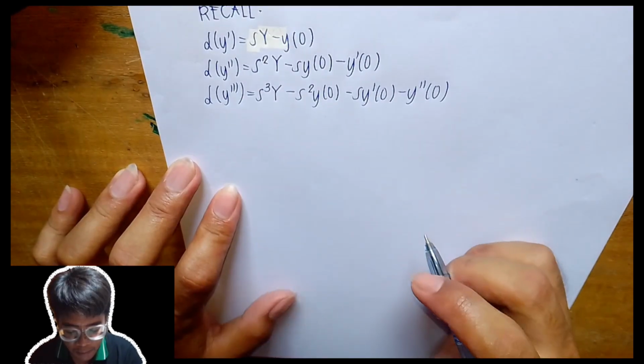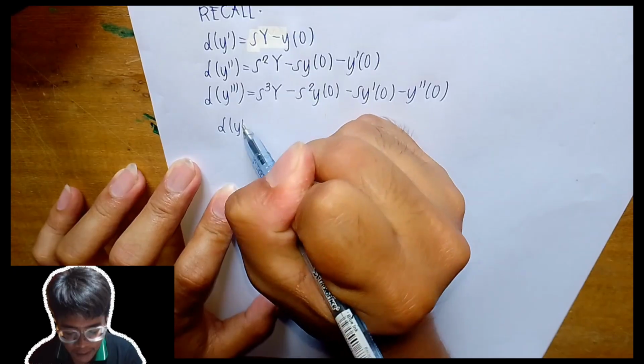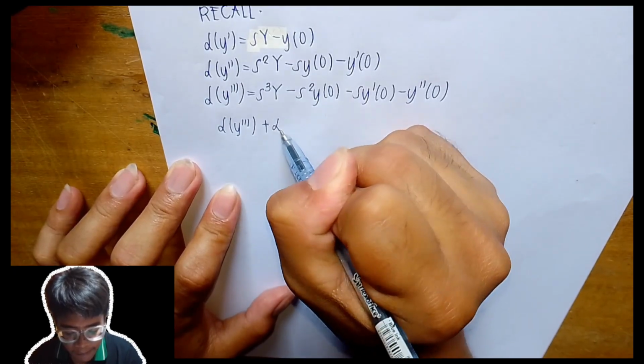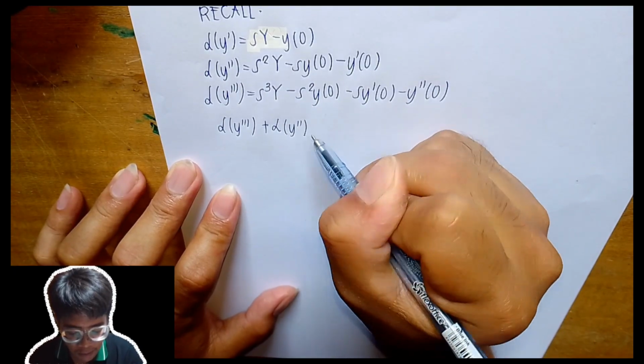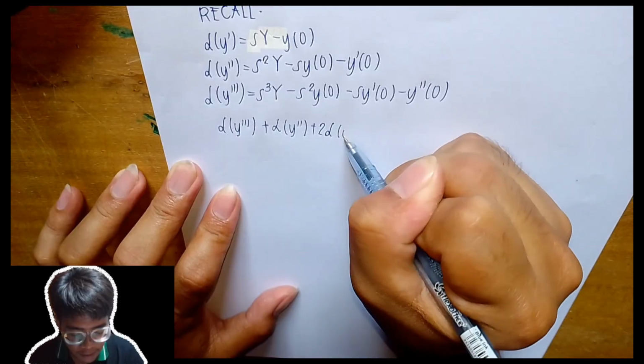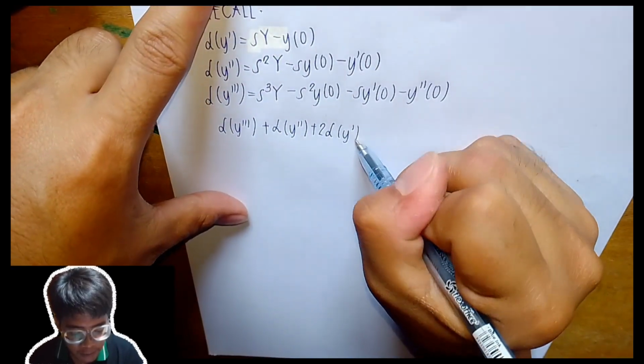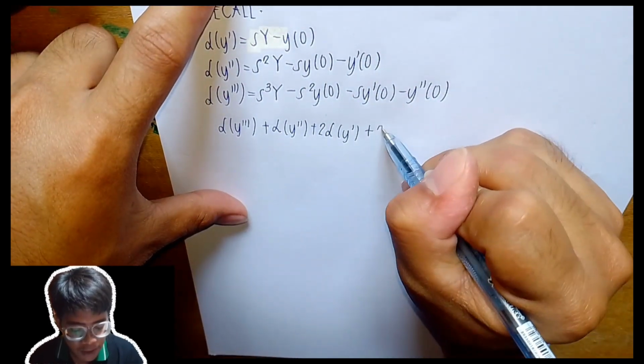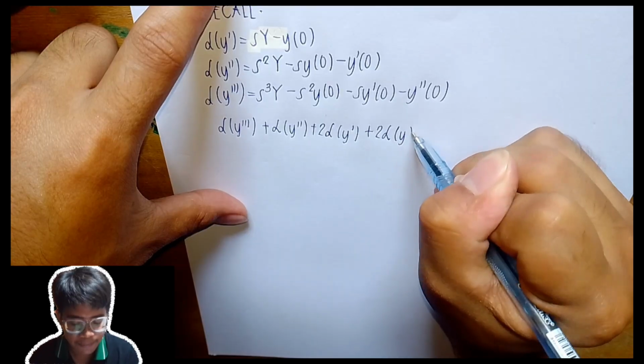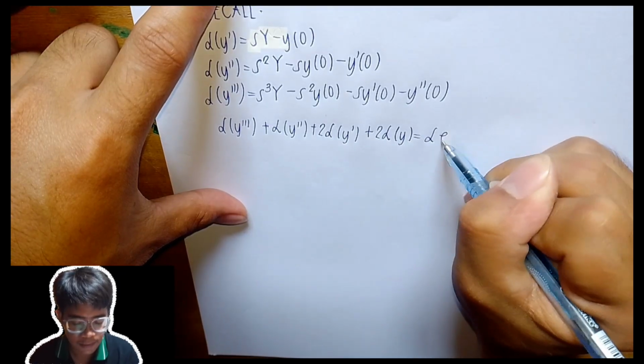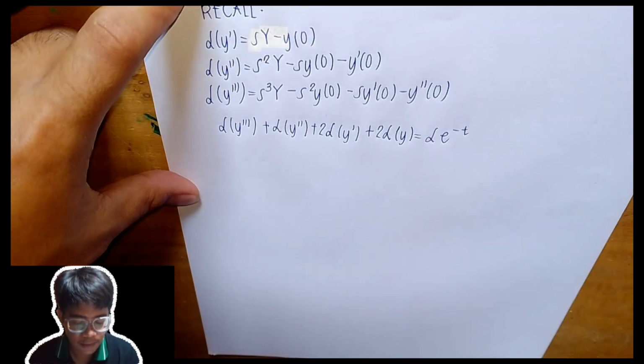Now, apply the Laplace transform to the entire equation. Laplace of y triple prime plus Laplace of y double prime plus 2 Laplace of y prime plus 2 Laplace of y is equal to e raised to negative t.